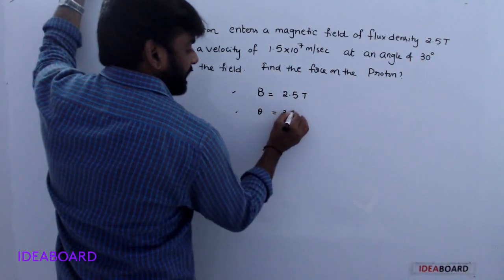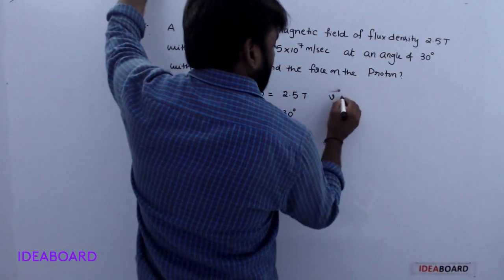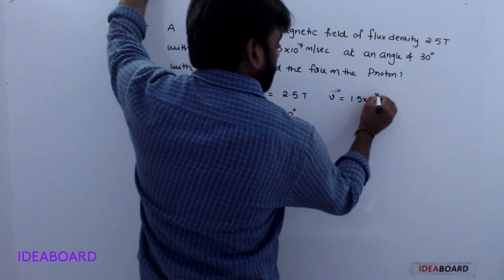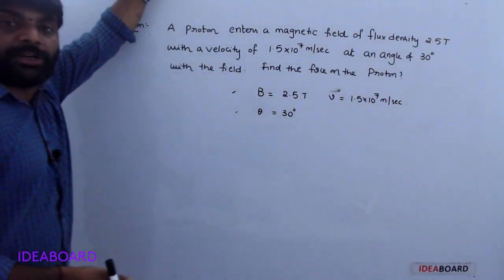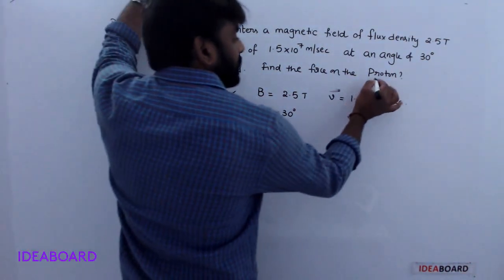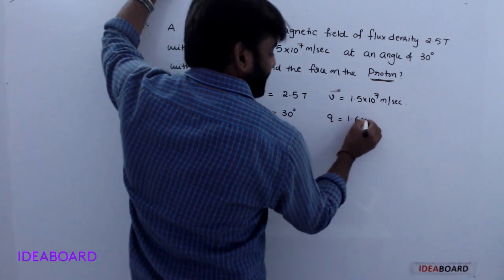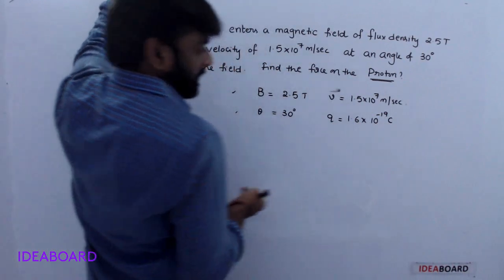Angle is given, 30 degrees. Velocity is equal to 1.5 into 10 to the power of 7 meter per second. Now charge: proton charge is 1.6 into 10 to the power of minus 19 coulomb, positive charge.